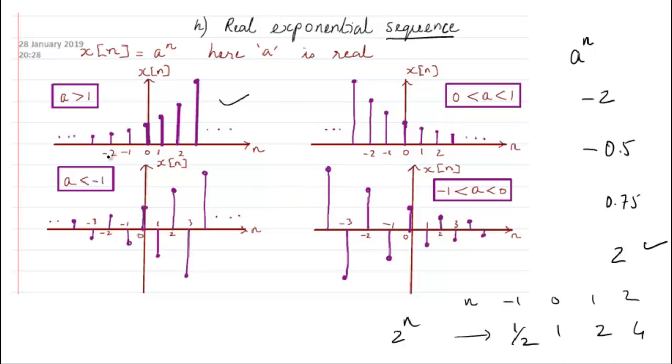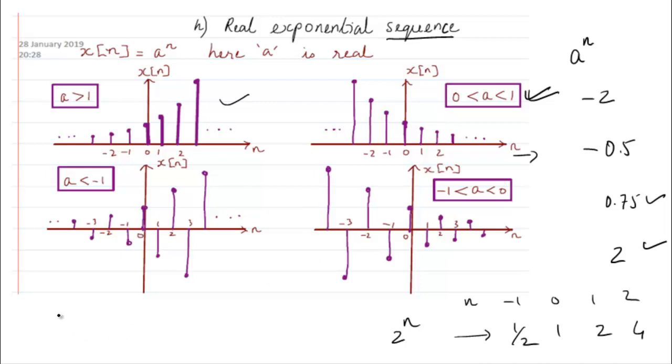Whereas if it is between 0 and 1, which is this case, then it is always going to be decaying. This we should not forget: if the value of a is between 0 and 1, it is going to decay. As we go forward with respect to n, its value will keep on decaying.